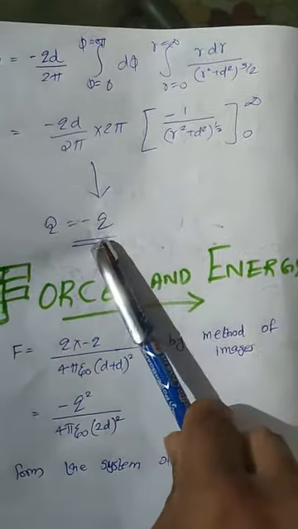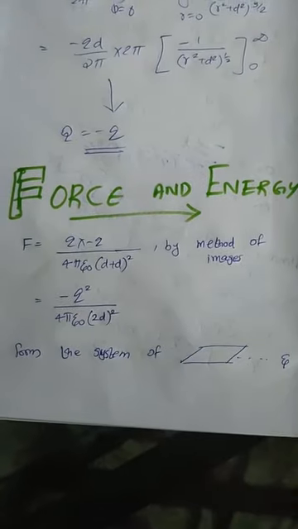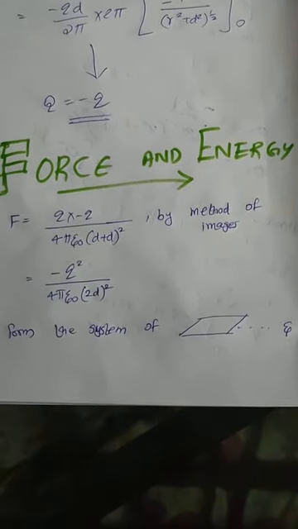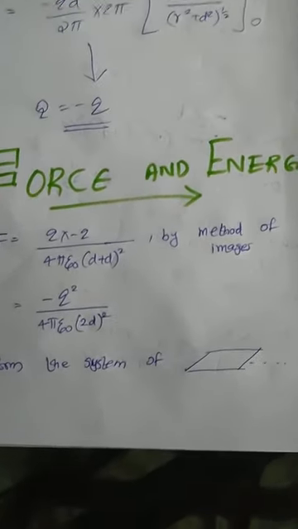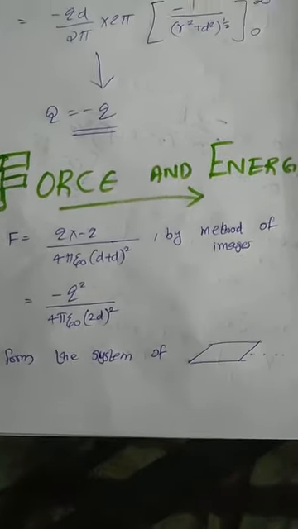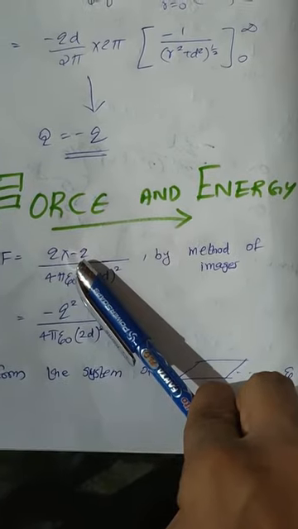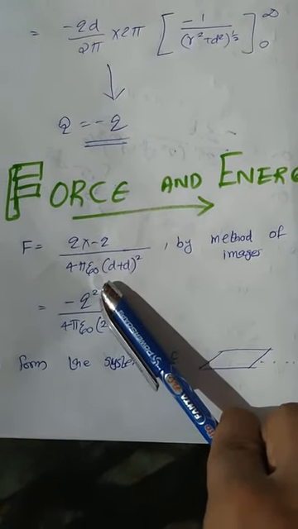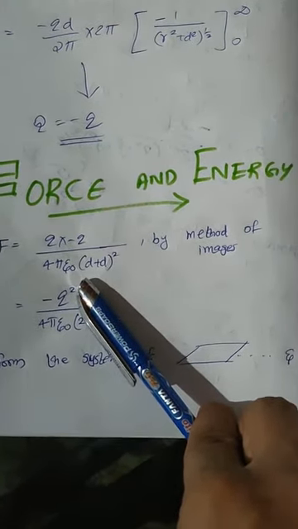Now we have to find the force and energy to set up this charge configuration. Initially we put plus q, and as a result of inducing of charge, we found that minus q is the induced charge, and there is a Coulombic force acting between them.